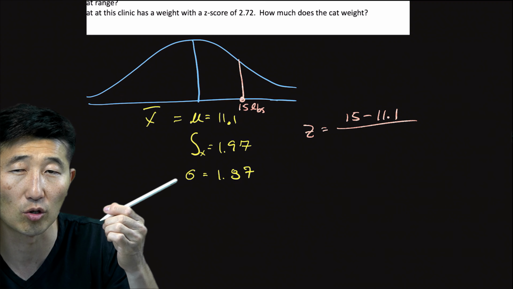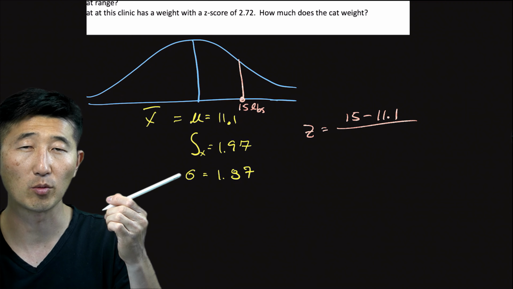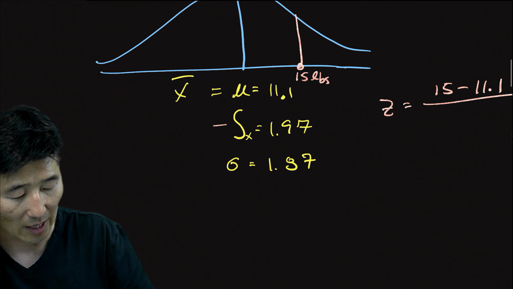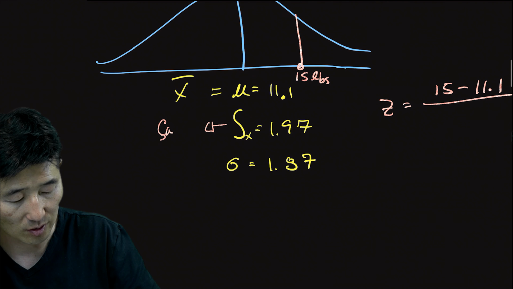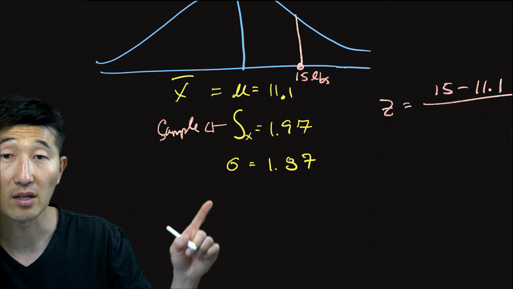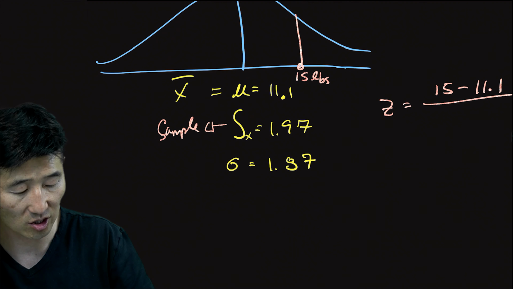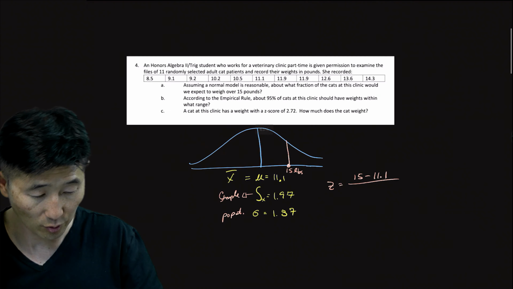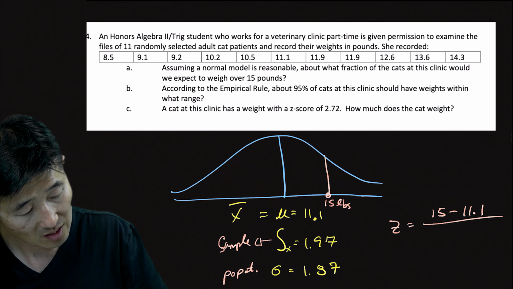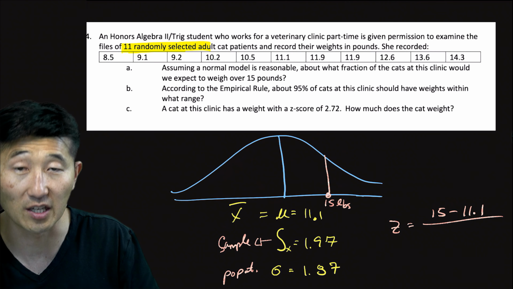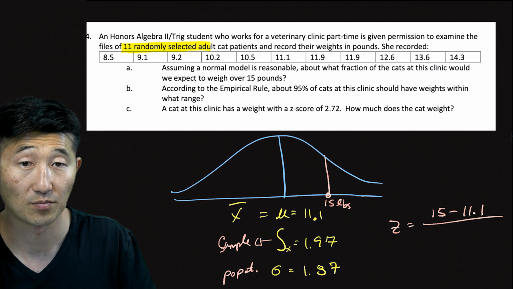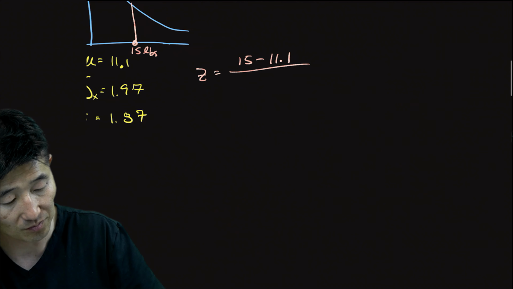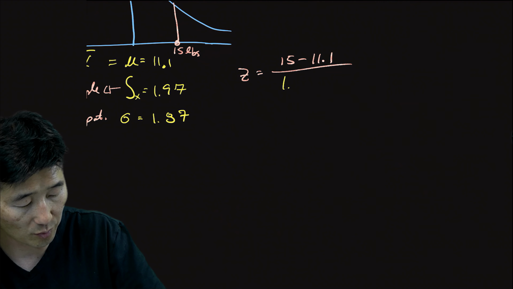The capital S or the lowercase s? Do you remember the difference? No. The capital S is the sample. Lowercase s is the population, like everything. So if you look at the prompt, it says that he randomly selected 11 out of everybody, right? So it's a sample, so we have to use 1.97. You see it? Yes. So this will be 1.97.